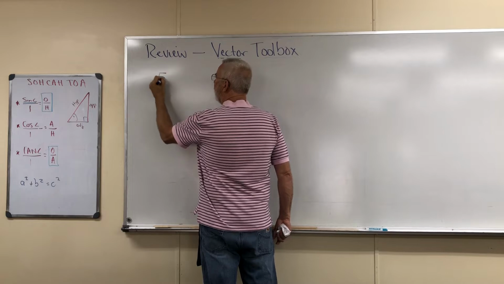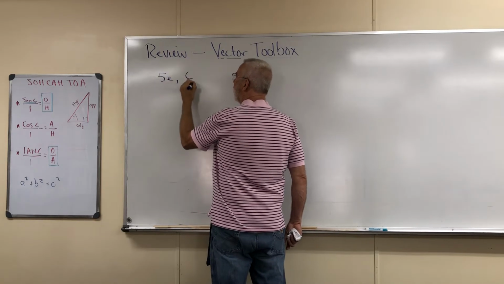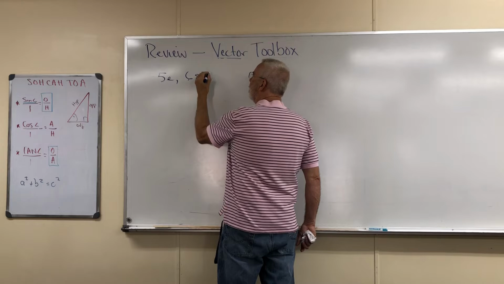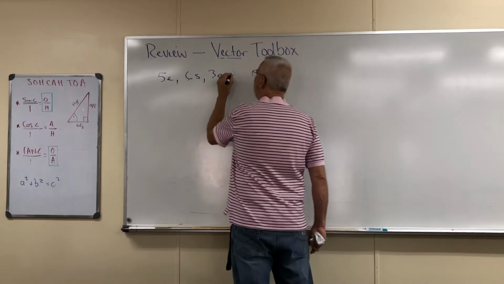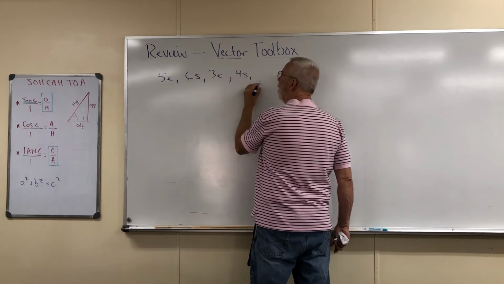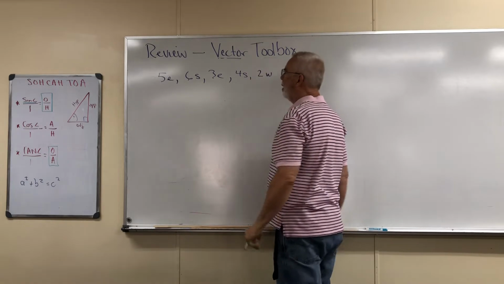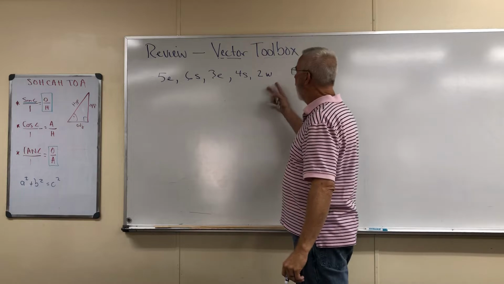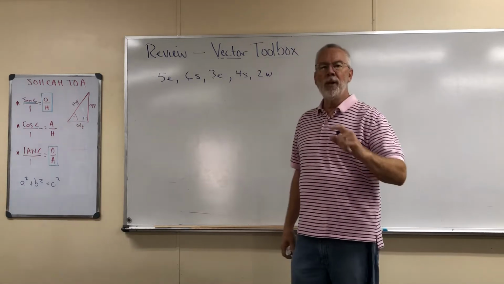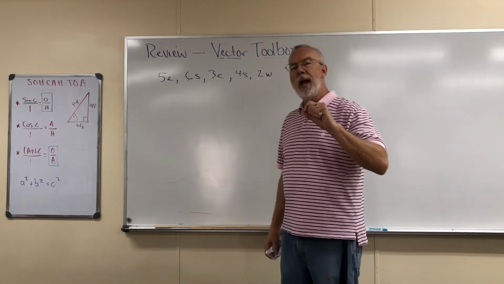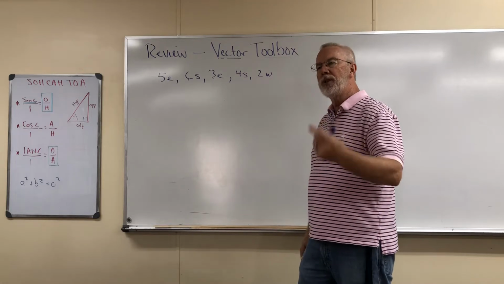I had one that said 5 east, 6 south, 3 east, 4 south, and then let's go 2 west. And this describes a pathway that someone has taken, and then we're asking them to solve for the resultant.